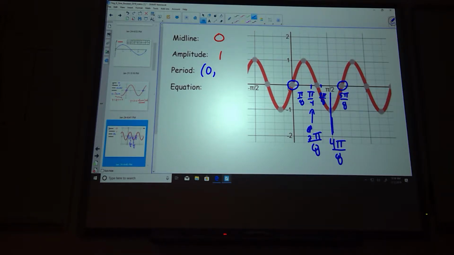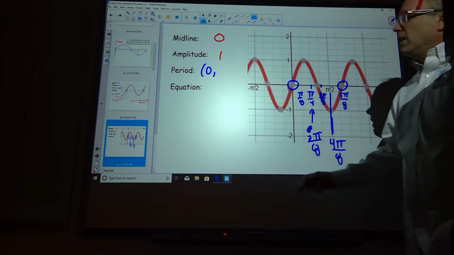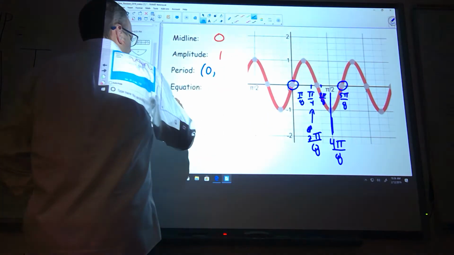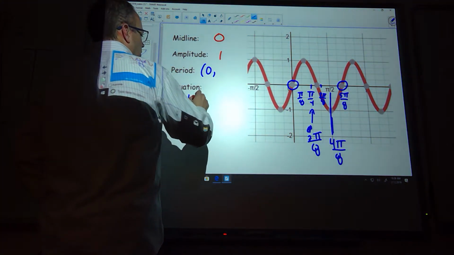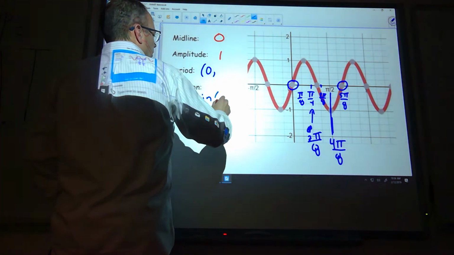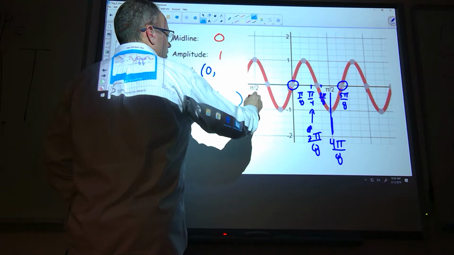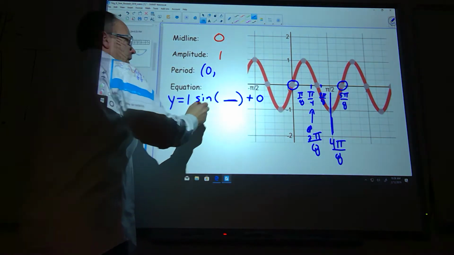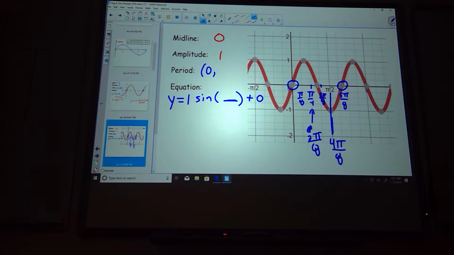Yes. Okay, so there's something in our equation. I agree with this so far, but then there's something here that's taking place. Is that okay?